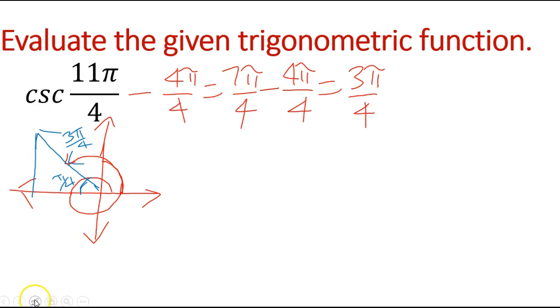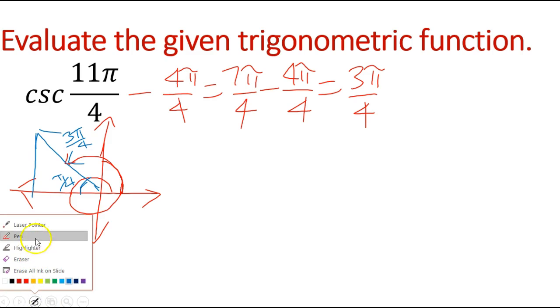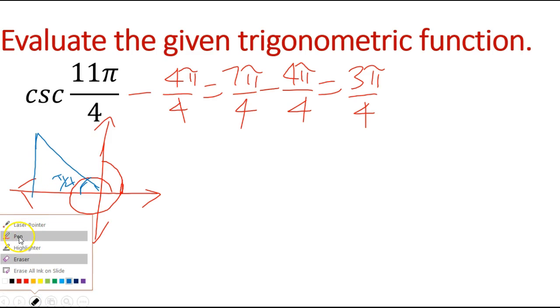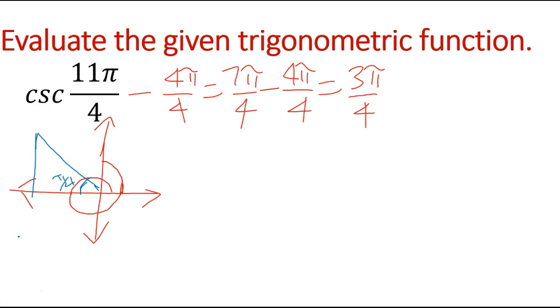Let me get rid of this a little bit so we can have a clean spot here. If you remember the 30, 60, 90 triangle, but this is 45, 45, the ratio for a 45 degree triangle is 1:1 to square root of 2.